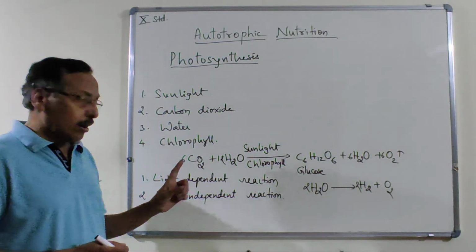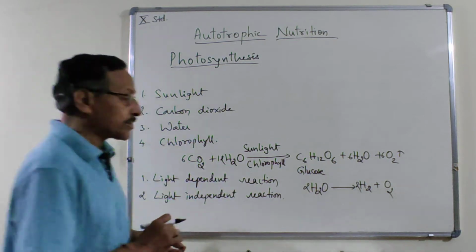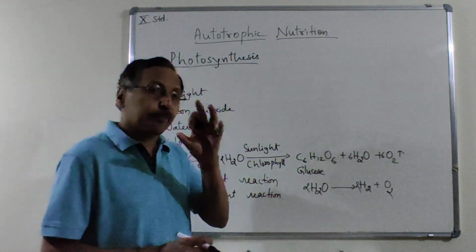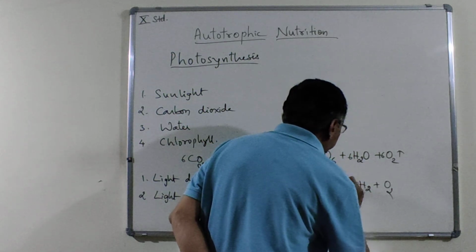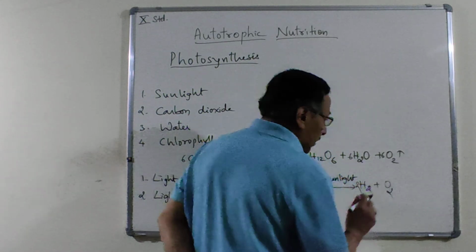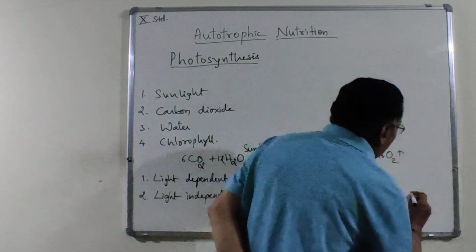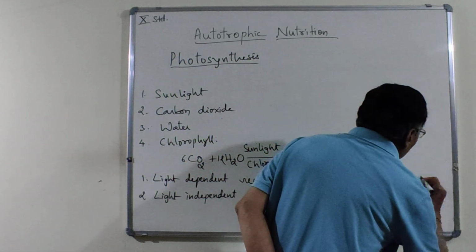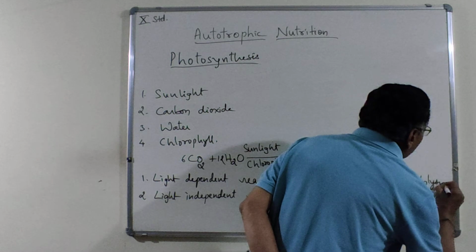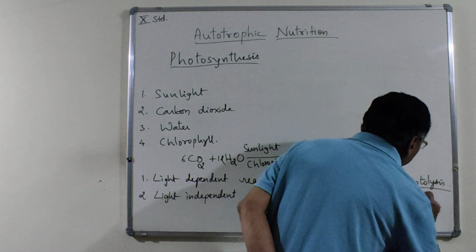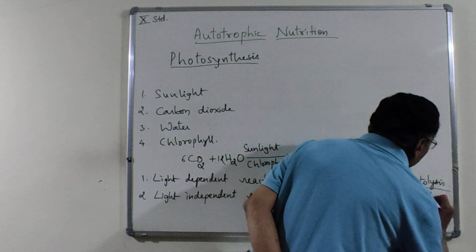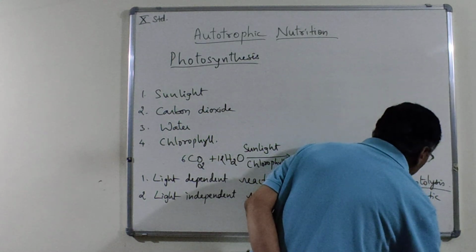That's why it's called light dependent reaction. Since it takes place in the presence of light, that is sunlight, this is called as photolysis of water, or it is also called photolytic decomposition.